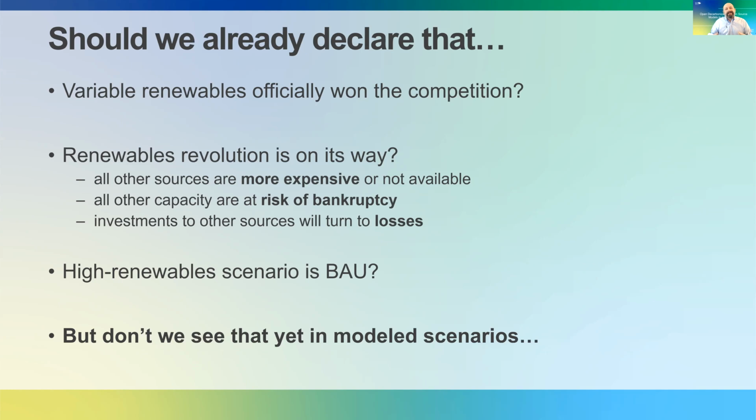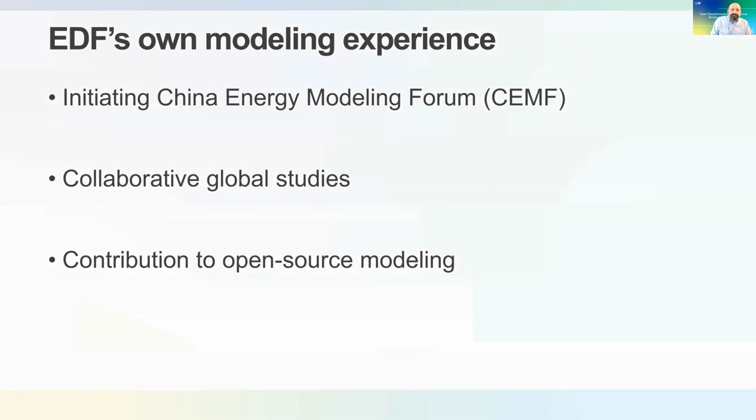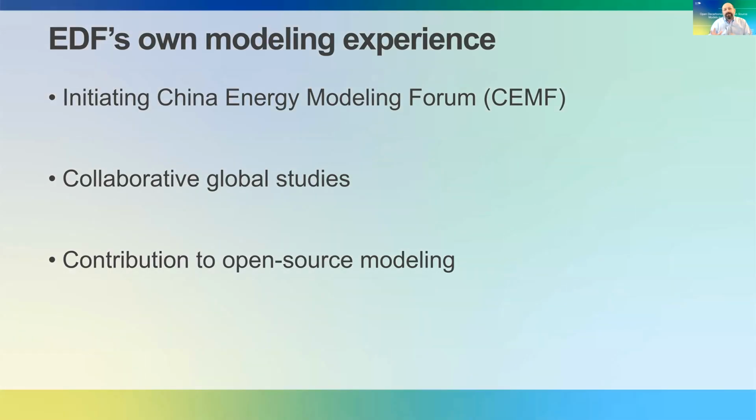So this is why we need tools, which many teams are trying to develop. All tools have assumptions about how much renewables can be integrated, and you need to go to high resolution. EDF has its own modeling practices with the China Energy Modeling Forum in different studies, and we're also contributing to open source modeling.